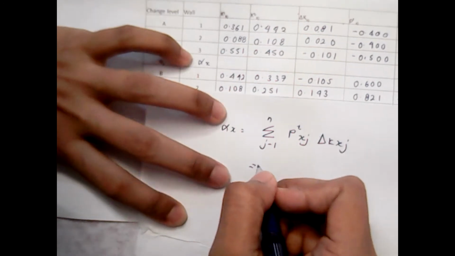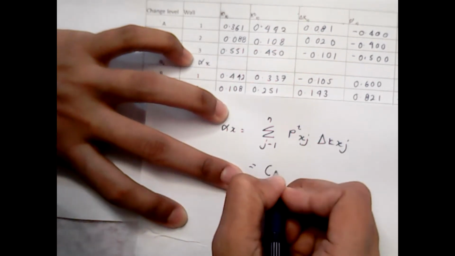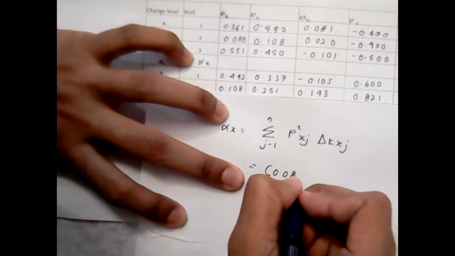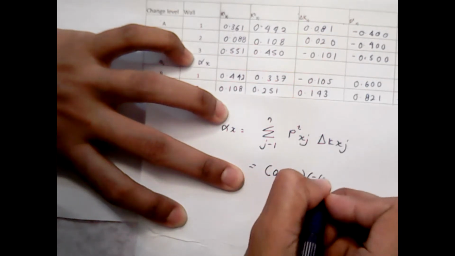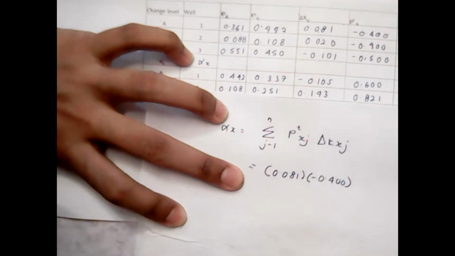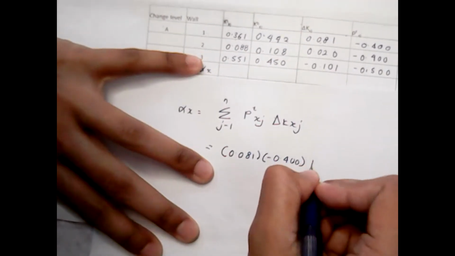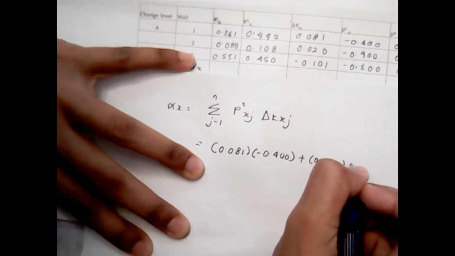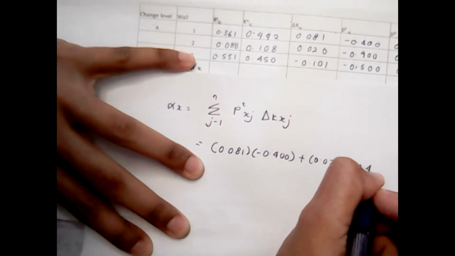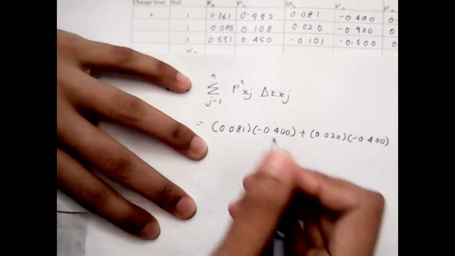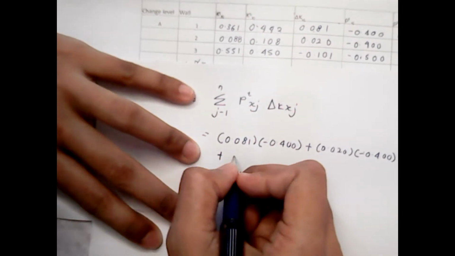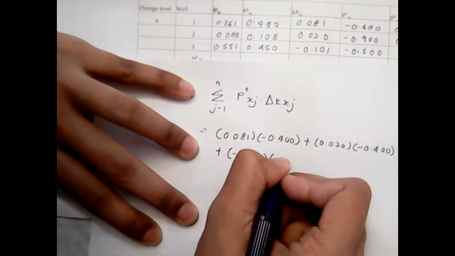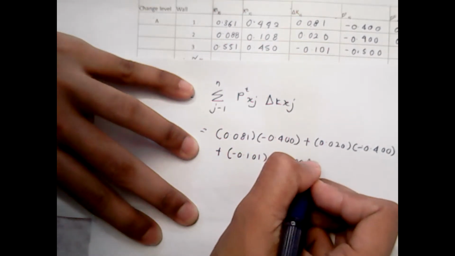So the first one is 0.081 times negative 0.400, plus 0.020 times negative 0.400, plus negative 0.101 times negative 0.500.